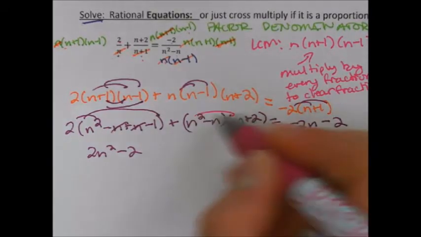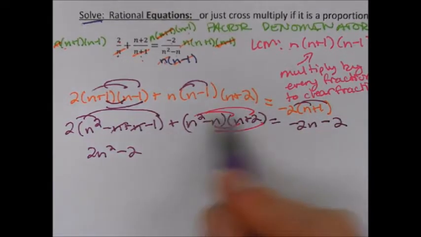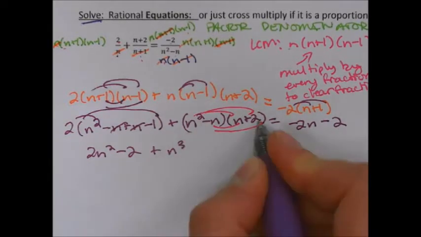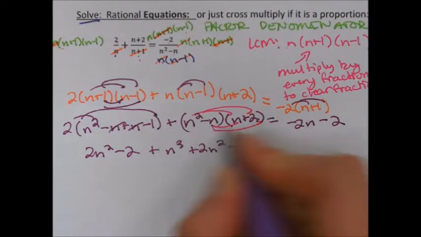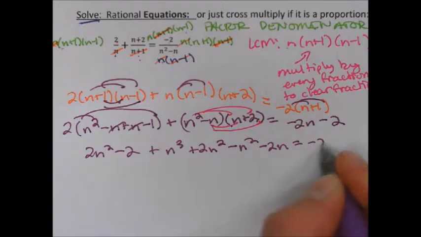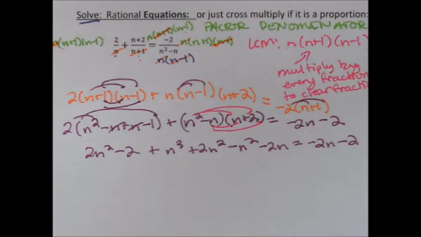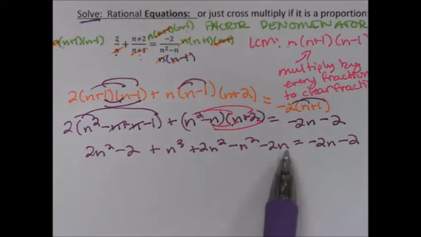I have to FOIL that out. Plus n to the third plus 2n squared minus n squared minus 2n. All right, let's combine like terms on the left side of the equation.